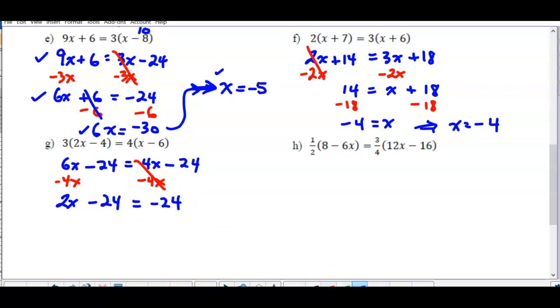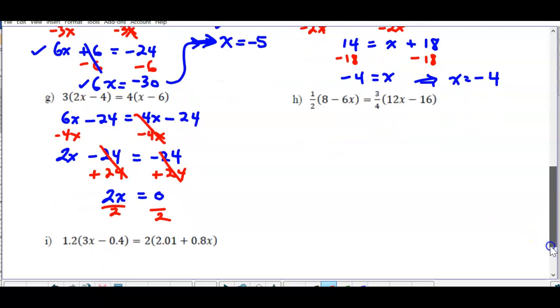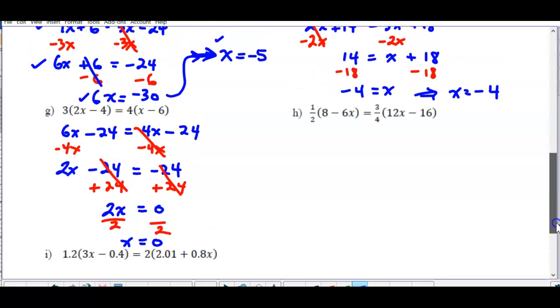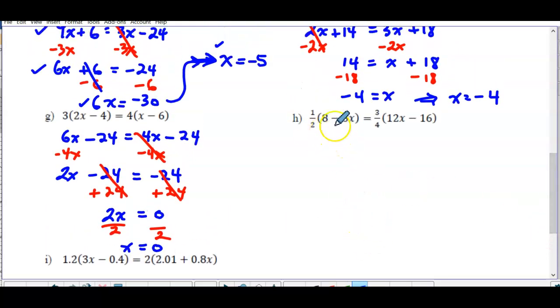You'll notice you have negative 24 on both sides, so when you add 24 to both sides, actually they both add to 0. So you get 2x equals 0. 0 divided by anything is 0. So x equals 0. Okay.